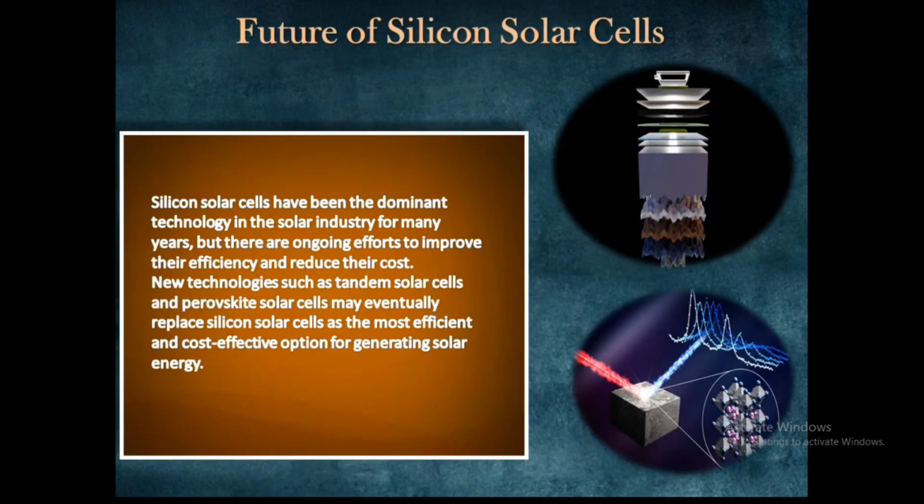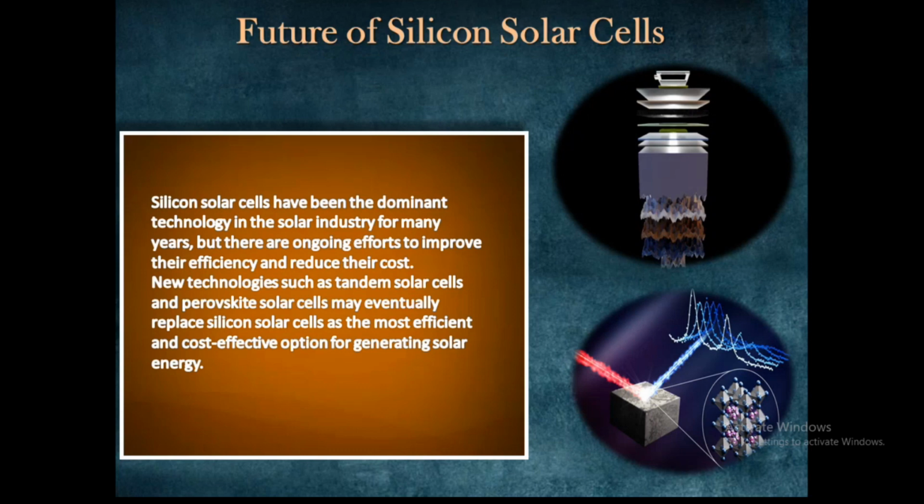Now let us see the future of silicon solar cells. Silicon solar cells have been the dominant technology in the solar industry for many years. At present also we are using silicon solar cells to produce electricity from sunlight.